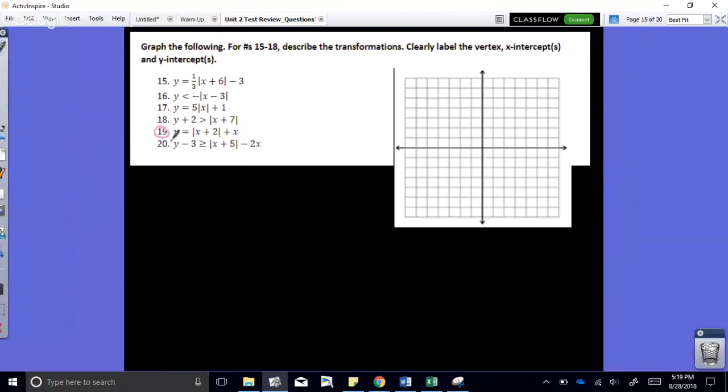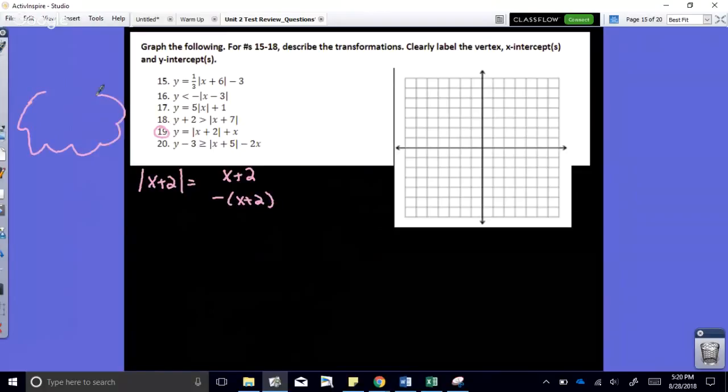Okay, so looking at 19 and 20, both have absolute values and x's on the outside of the function, which means that we have to set these up using a piecewise function. So again, reminder, absolute value of x plus 2 can be written as two separate pieces. We have x plus 2, and we have the opposite of x plus 2.